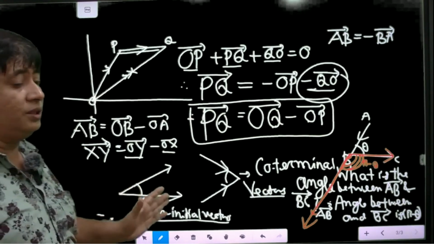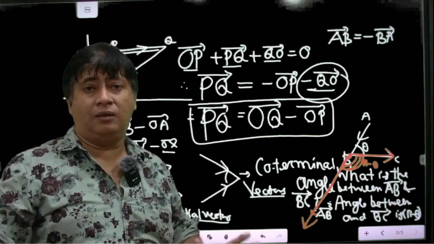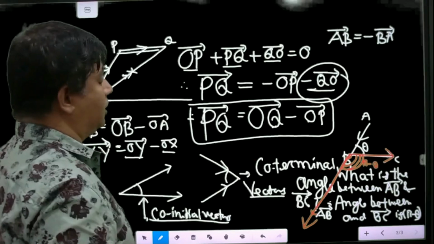Okay. So this is the way you can find the angle between two vectors.